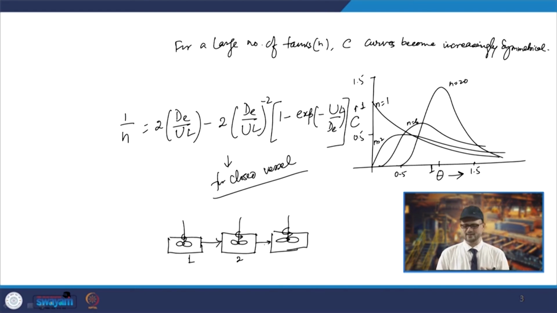All these are connected, and that way it goes to the nth tank. So you will have n tanks connected in series.